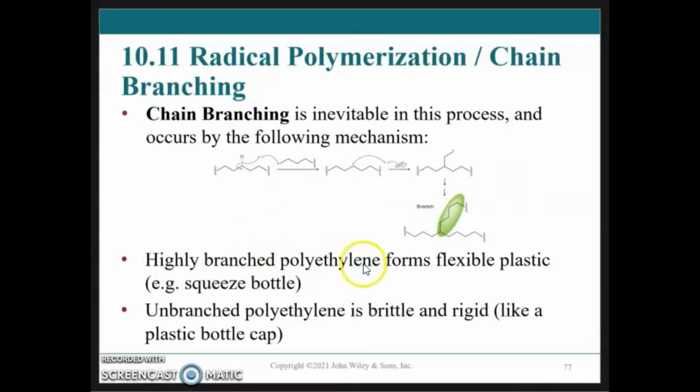Highly branched polyethylene forms flexible polyethylene polymers, like our polyethylene squeeze bottles in the laboratory. Unbranched polyethylene is going to be brittle and rigid, like a bottle cap, is an example here.